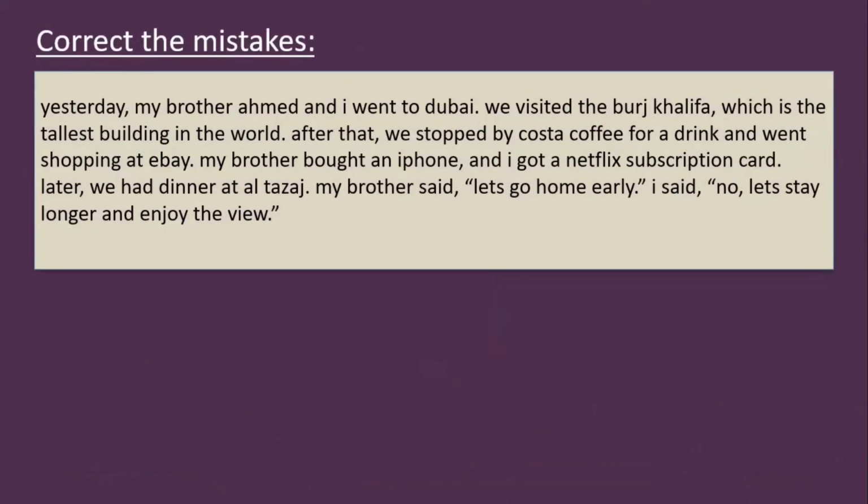You can again pause the video, try to locate the mistakes, and then we will discuss one by one. I'll assume you finished now, and then we will locate the mistakes and then discuss them one by one. Yes, this one.